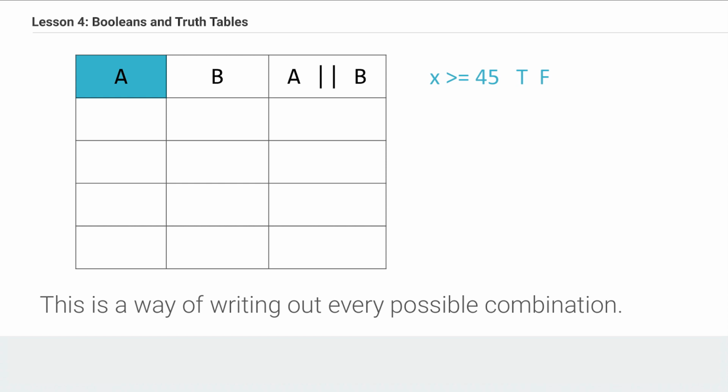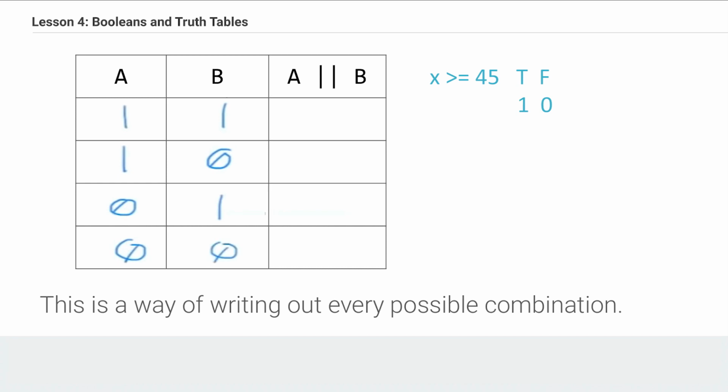Sometimes you see them as 1s and 0s. 1 represents true, 0 represents false. I'm going to use the 1s and 0s. So the first combination is A and B can both be true, or I can have A true and B false. I can have B false and A true, or they can both be false.